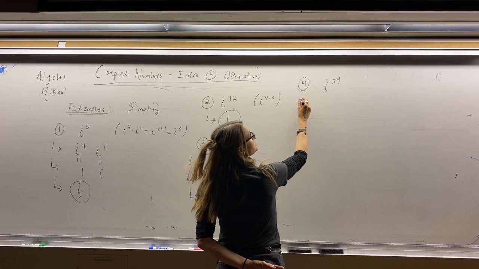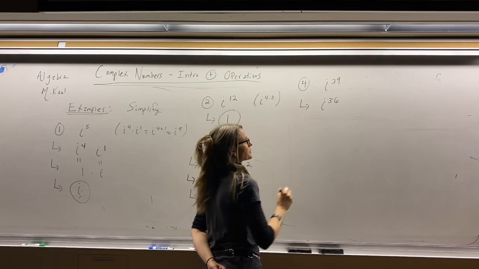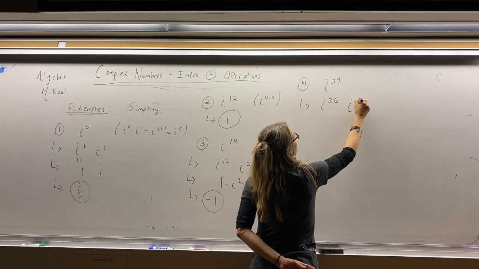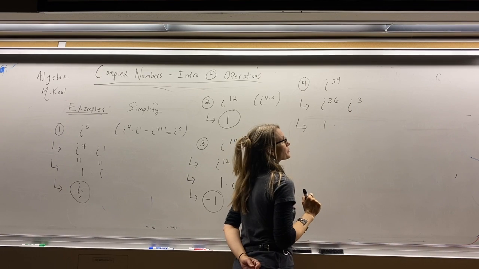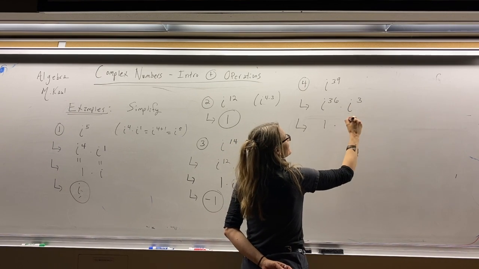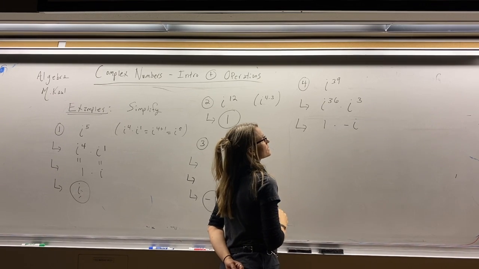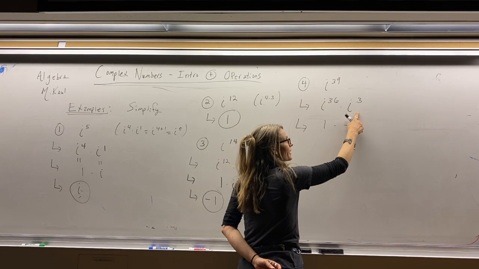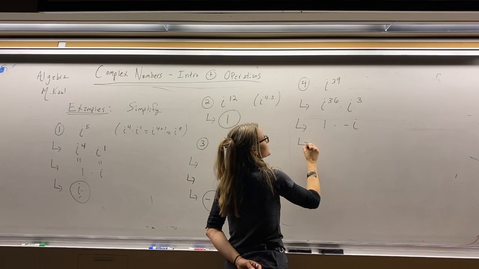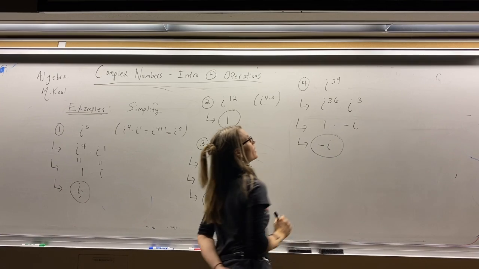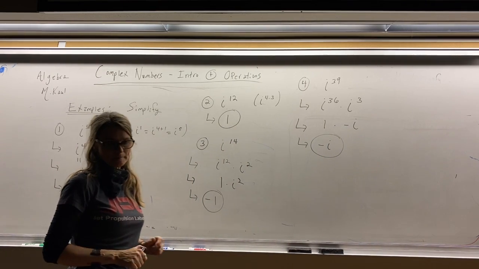The highest multiple of 4 here is 36, so I break that down to i to the 36th times i to the 3rd, and this becomes 1 times i to the 3rd, which is a negative i by our definition previously, because that's an i squared times an i, which is a -1 times an i, which is a negative i. And this whole thing reduces to negative i. And that's how you'd simplify some of the higher powers of i.